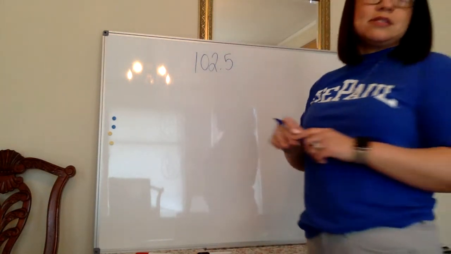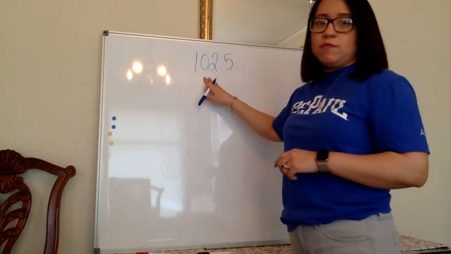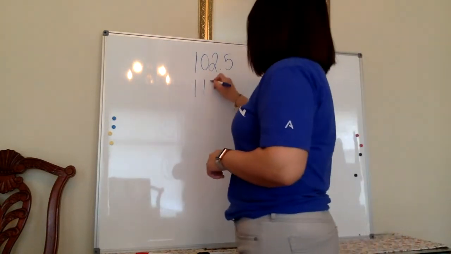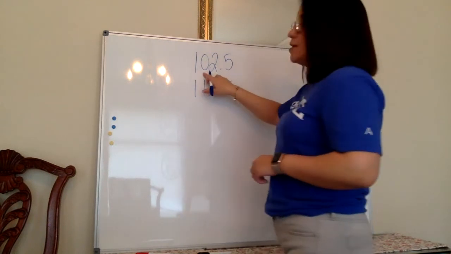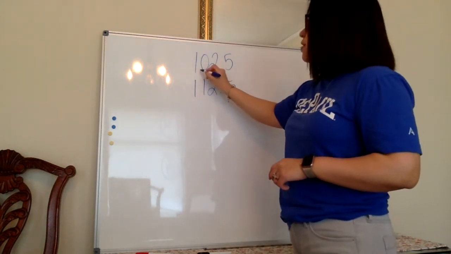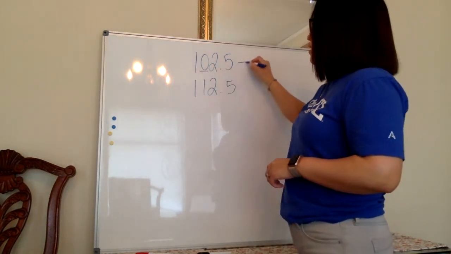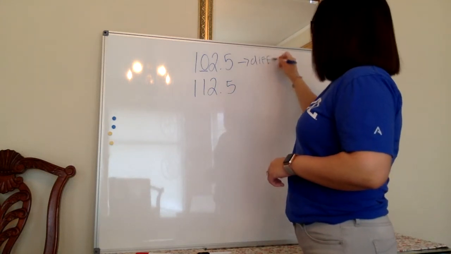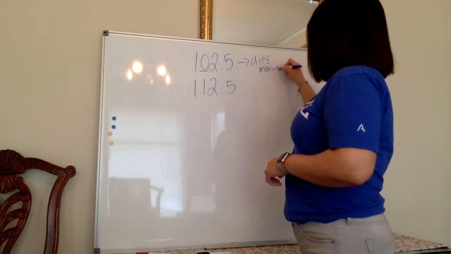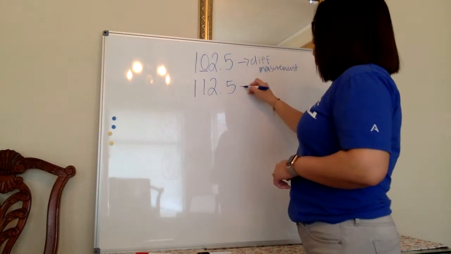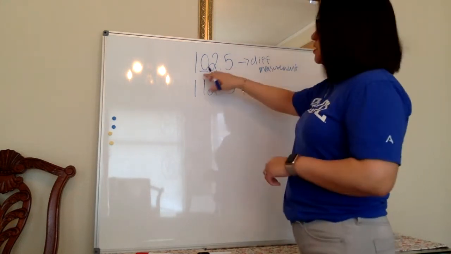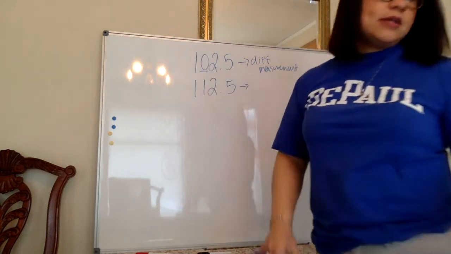This zero is considered significant because it gives it a different meaning, so a different measurement, compared to 112.5. Okay, so this becomes significant in this case.